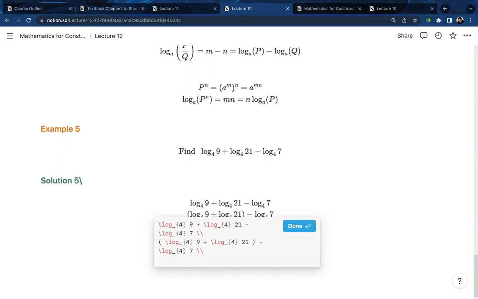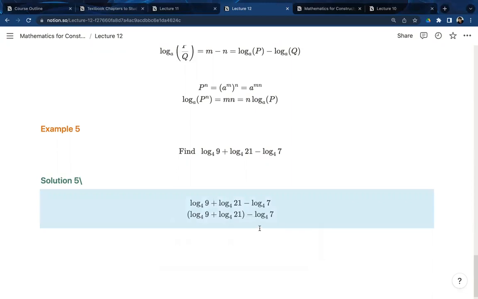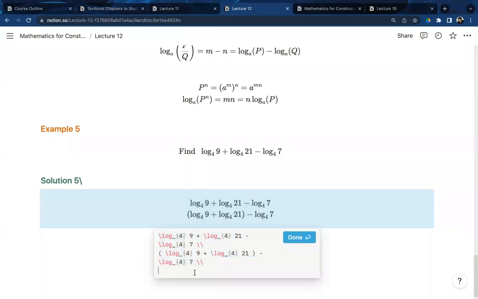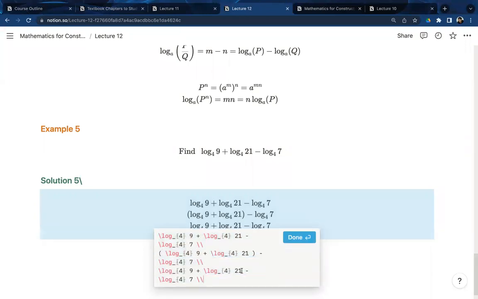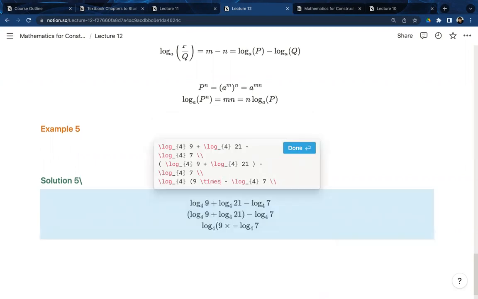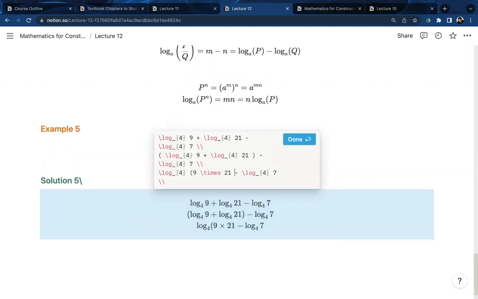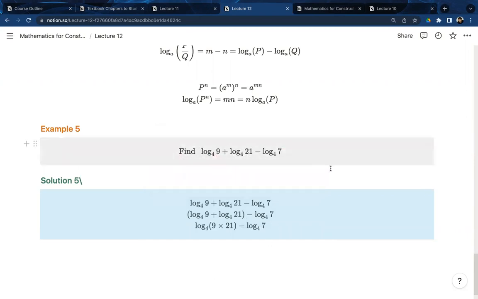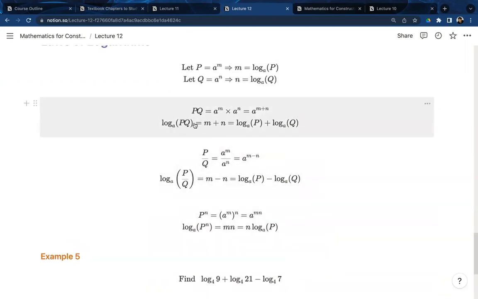I'm going to work out this part first. Now this is just 9 times 21.